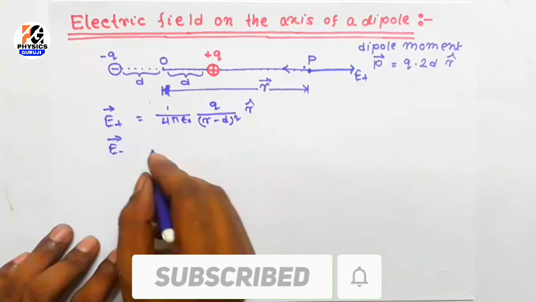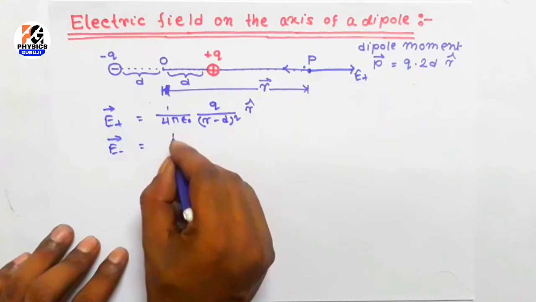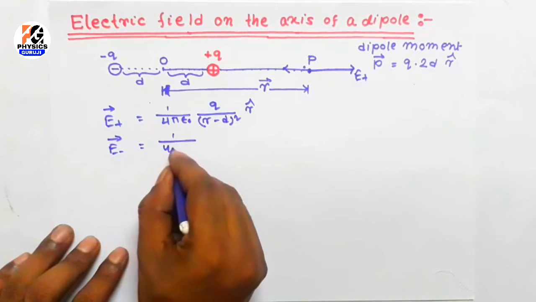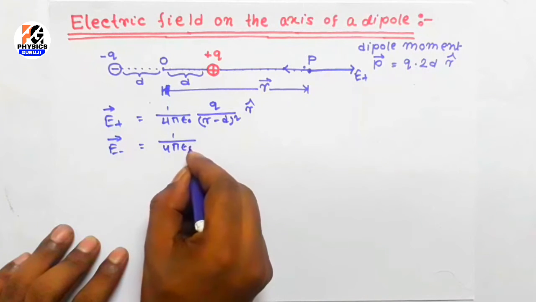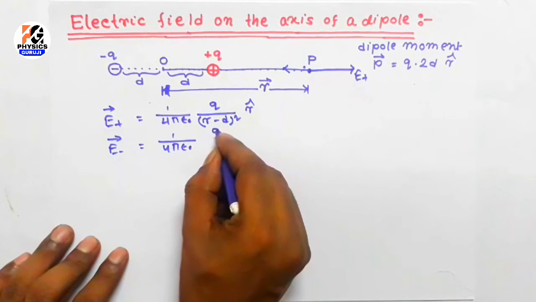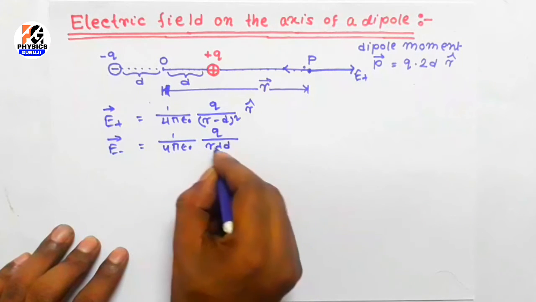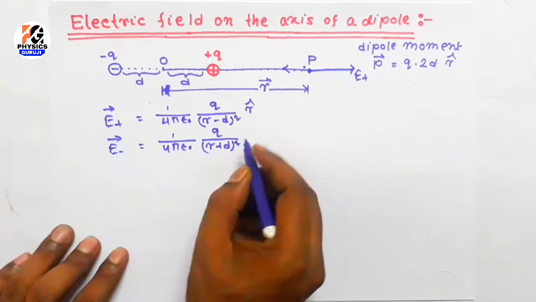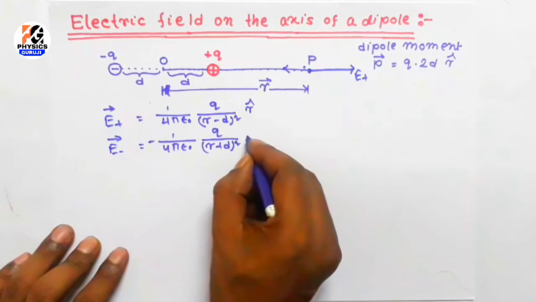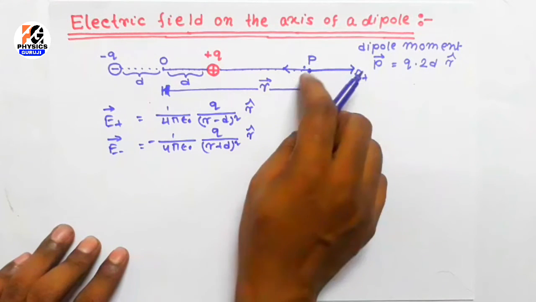So the electric field here will be of lesser value and it will be 1 by 4 pi epsilon 0 into q by r plus d whole square, and it is minus r cap, that is in this direction.